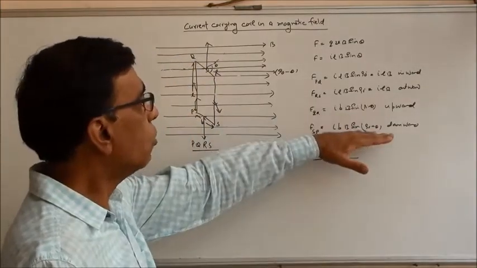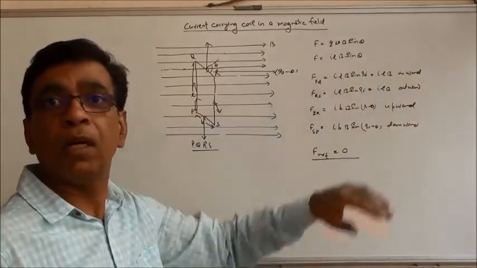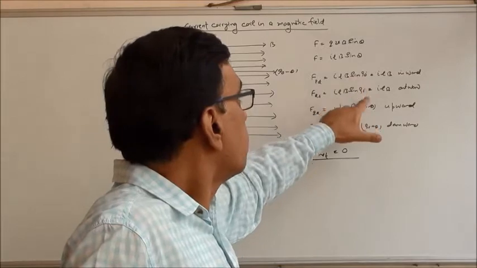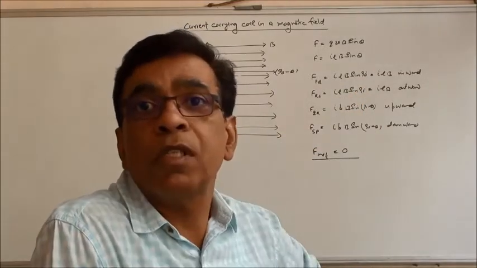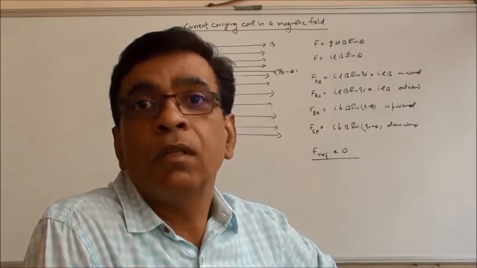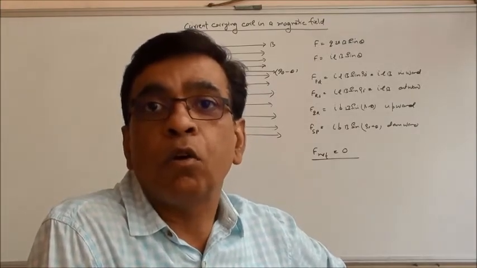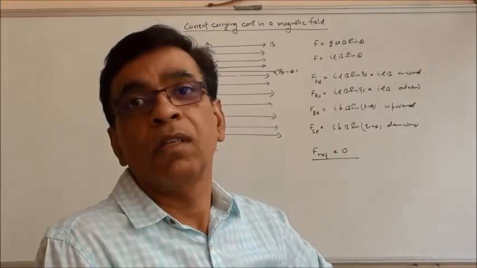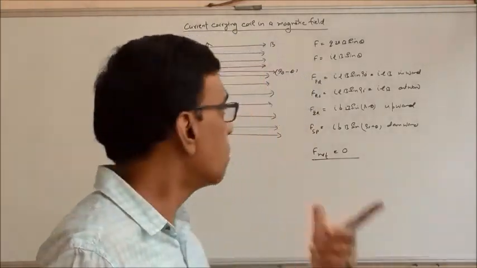This is equal and opposite to it, this is equal and opposite to it. But even then, these two forces will constitute a torque because these forces are not acting along the same line. So they will not cancel out. Net force will be 0, but they will constitute a torque.